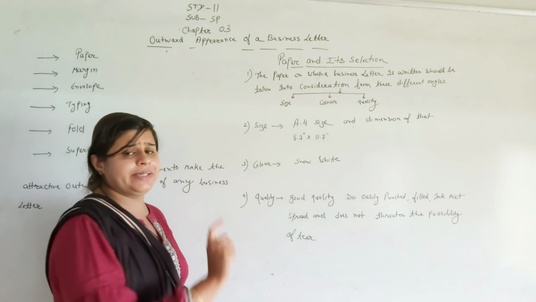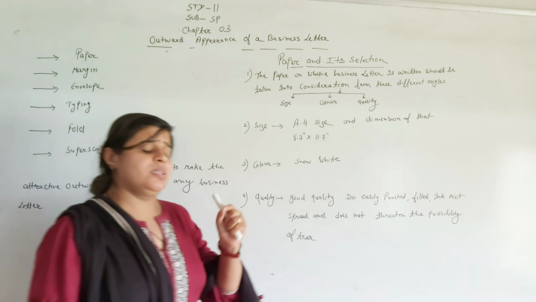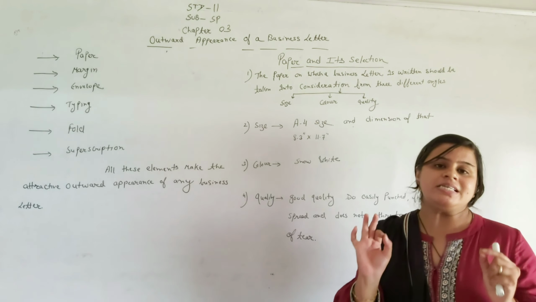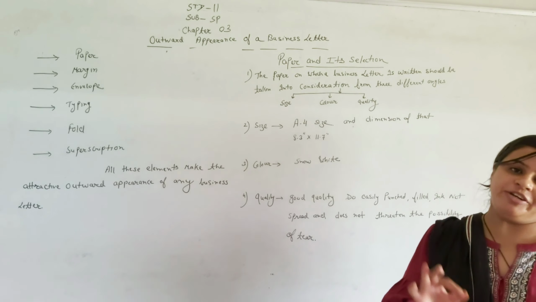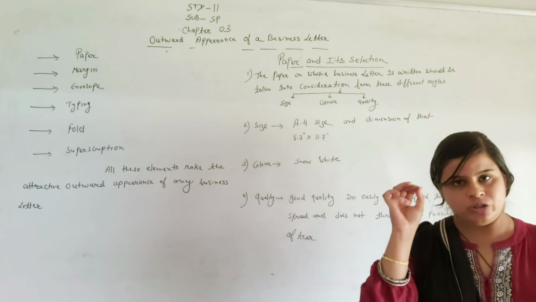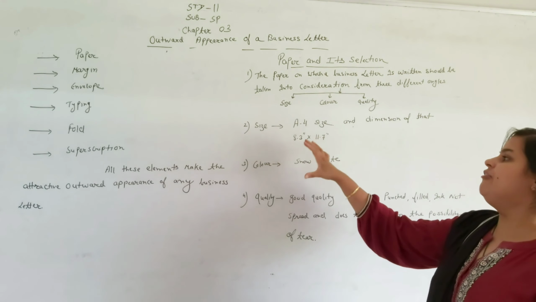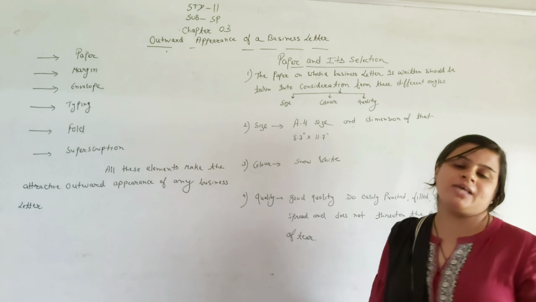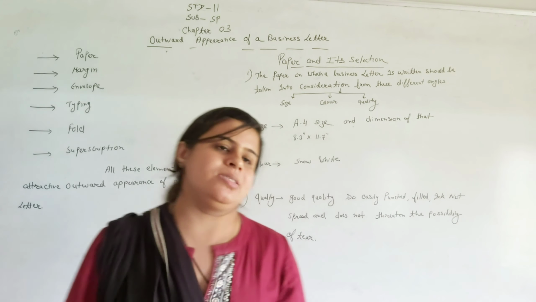Size, color, quality. The standard size is A4, which is easily available in every stationery and printout shop. So it is the more preferable size for writing any business letter.